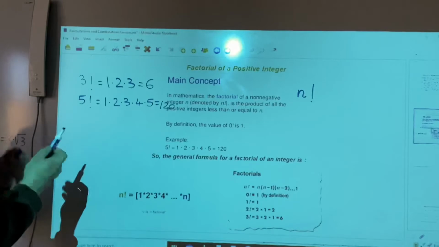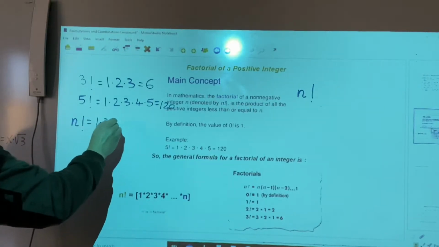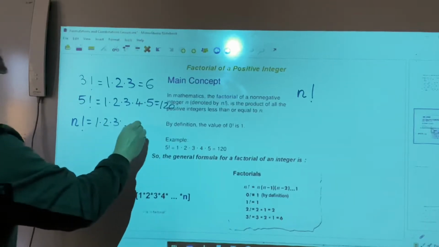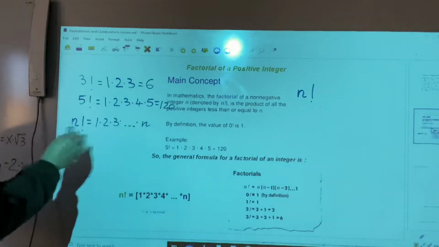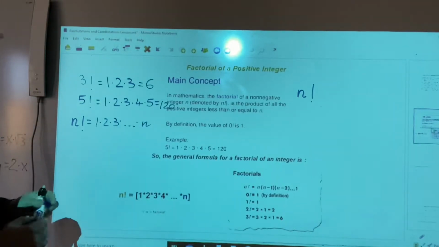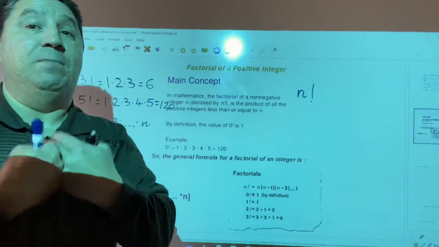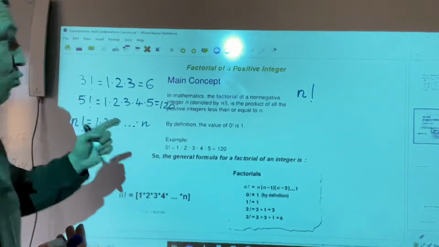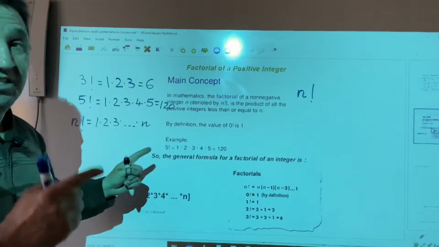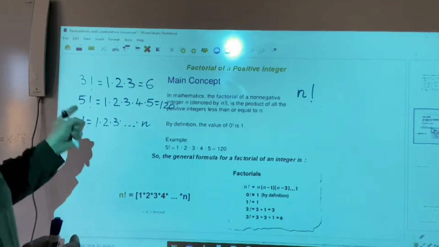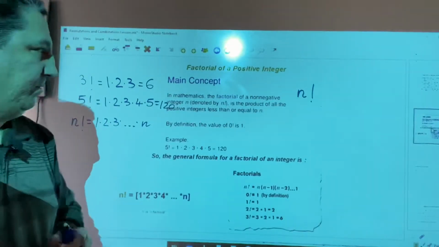So we have a general formula. N factorial would be 1 times 2 times 3, and so on, times n. So, from now on, whenever we have to find the factorial of a positive integer, we multiply all positive integers that are less than or equal to the given number.